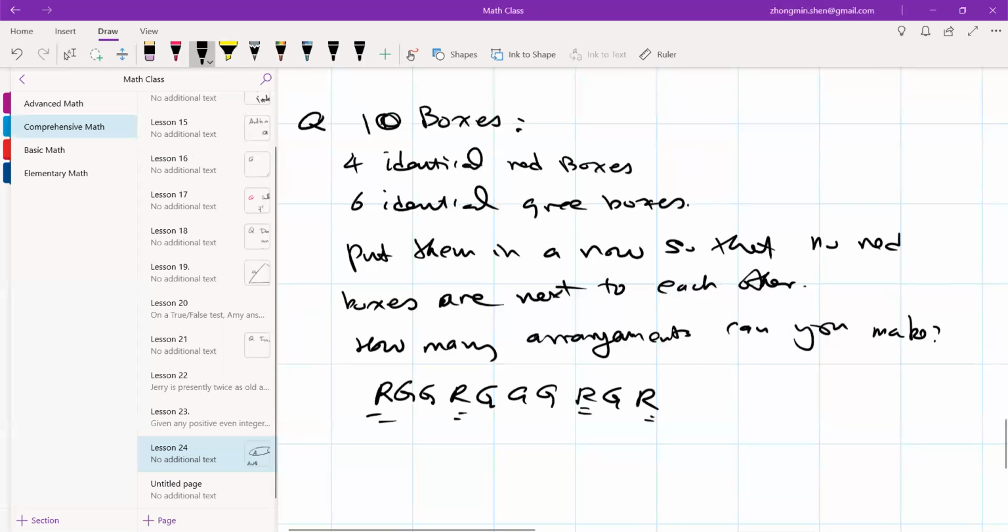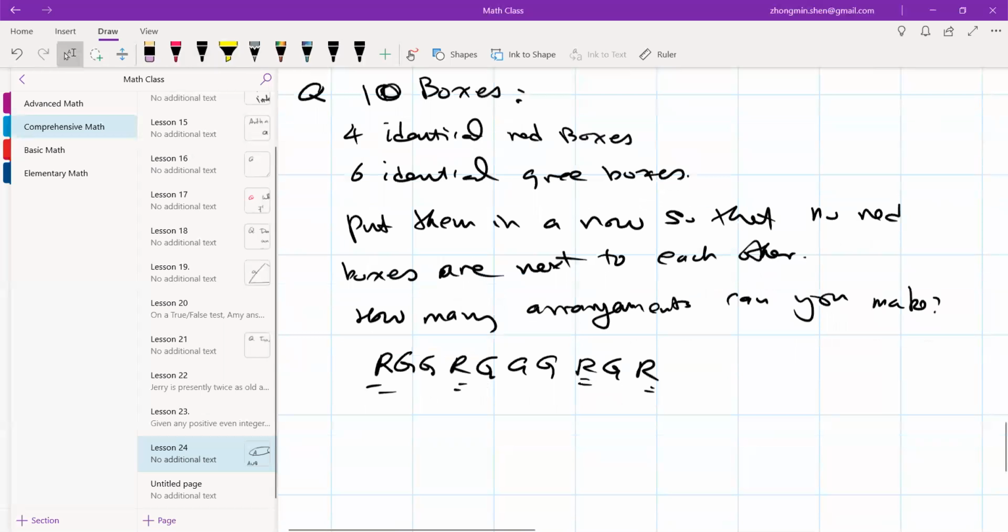Okay, got it. How do you do that? This is a trick, okay? What I'm going to do is make a space, because the boys cannot sit next to each other, right? The red box, I call boys. Okay, red box.